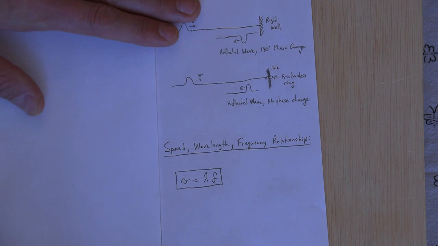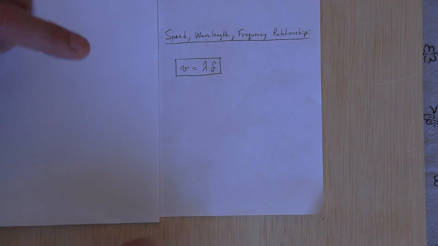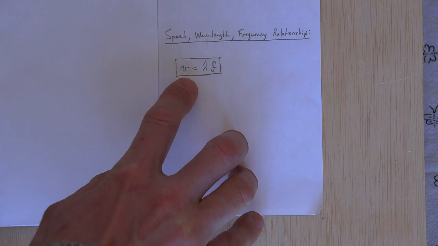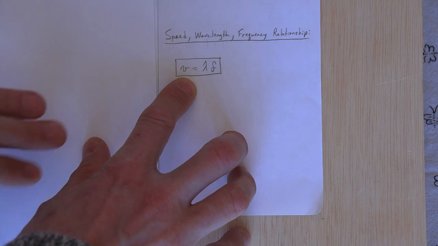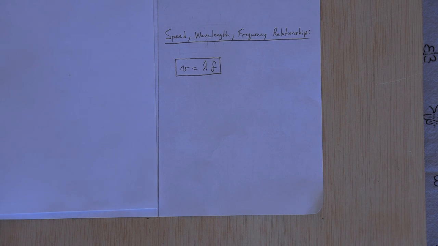The last thing for today is that there's a relationship between the speed of the wave, wavelength, and frequency. And that is this: the speed of the wave is equal to the wavelength times the frequency of the wave. Very simple relationship.